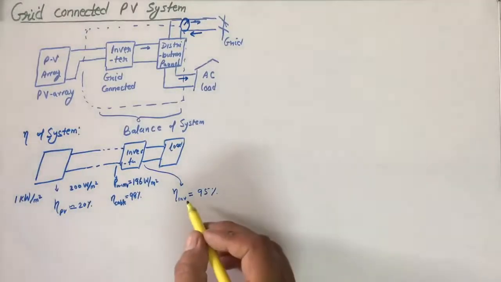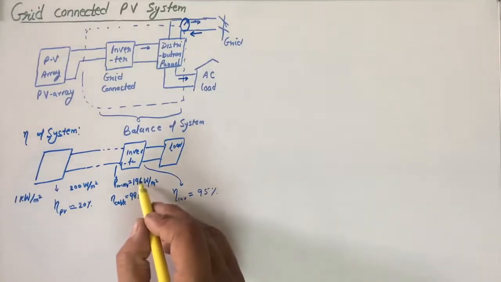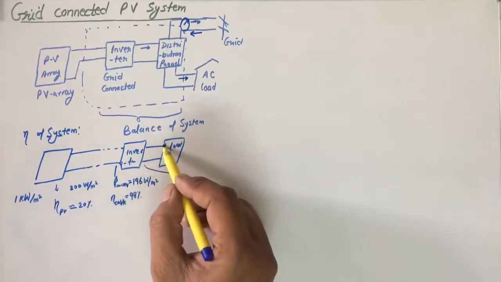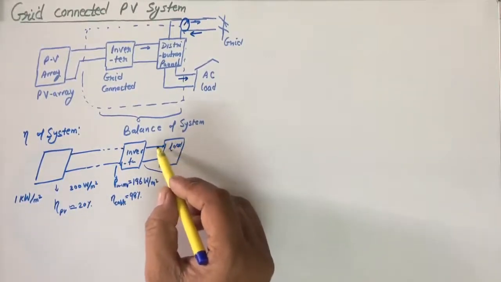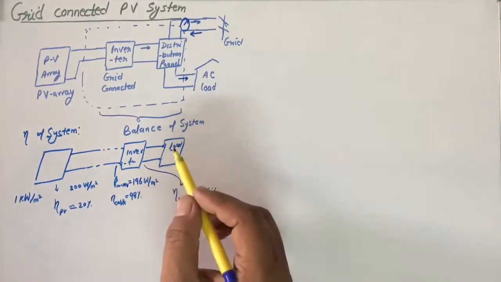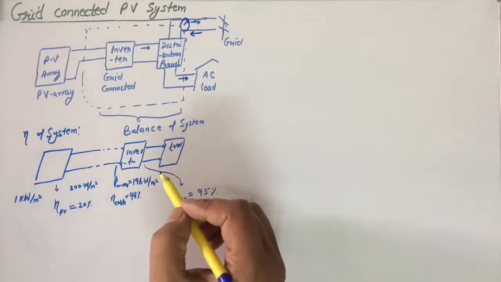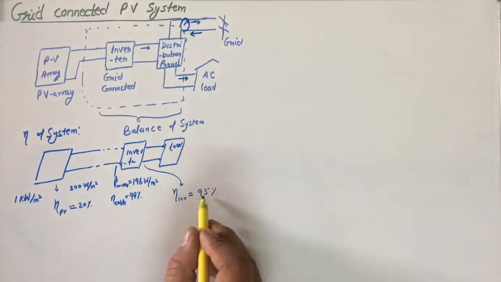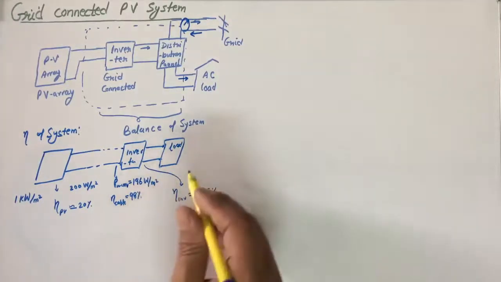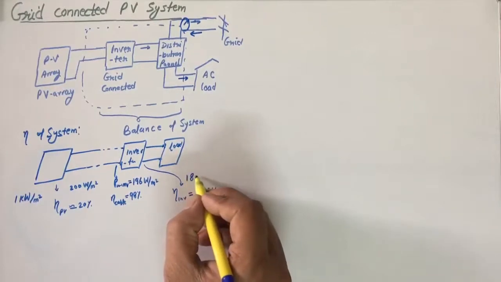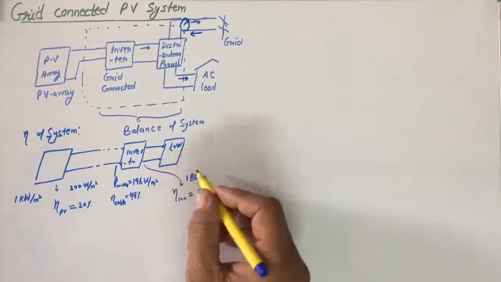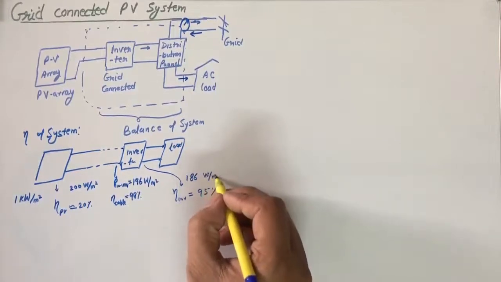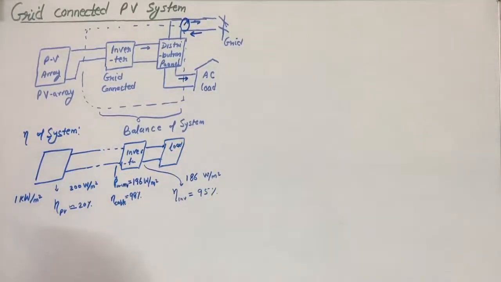If the efficiency of the inverter is 95%, then 95% of it will be available to the load. If we assume the distribution panel has minimal, negligible loss, then 95% of 196 gives almost a 10 watt reduction, so we can say 186 watt per square meter. So the output of the inverter has this much power.